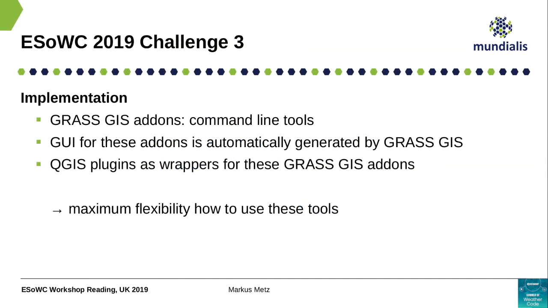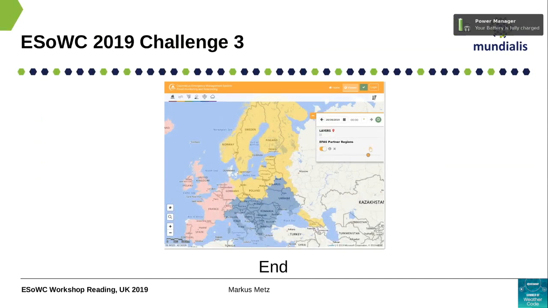There are three different possibilities that all make use of the same tools, so the user has maximum flexibility on how to use them, whether it needs to be automated, or if you would rather have a GUI to see the results more or less immediately when the processing is done.